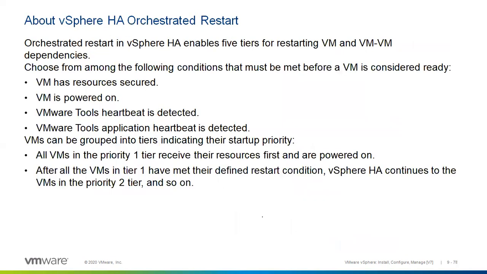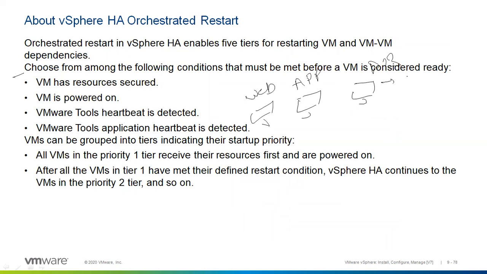All right. So what is vSphere HA orchestrated restart? Orchestrated restart is a way of restarting VMs in sequence. Like the example I have given you previously, I have a 3-tier app where one VM is dependent on another VM and it's always recommended to power on first. Like this is my DB VM, this is my app VM, this is my web VM.